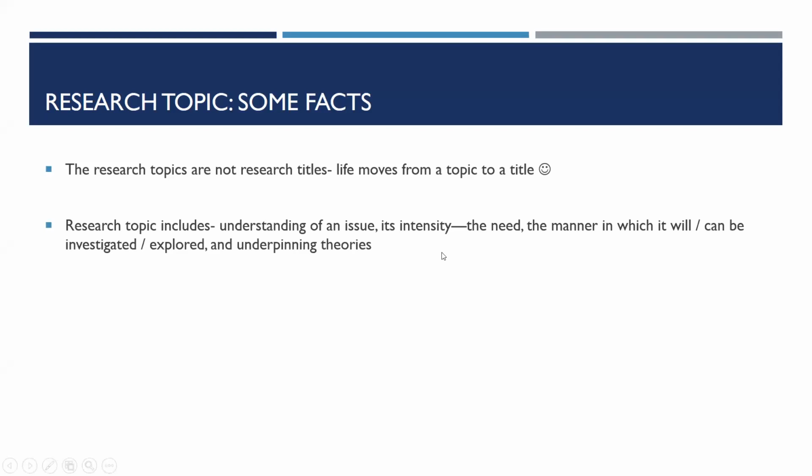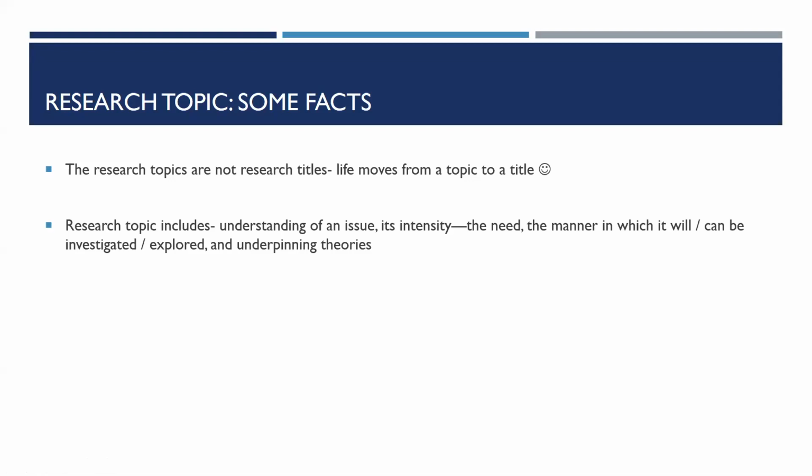For example, a research topic includes understanding of an issue, that you are familiar with its theory, its intensity, which will define the need, the manner, which means the method in which it will be investigated or explored, and underpinning theories. So my dear students, colleagues, and fellow researchers, when we are talking about research topics, it includes all these aspects.